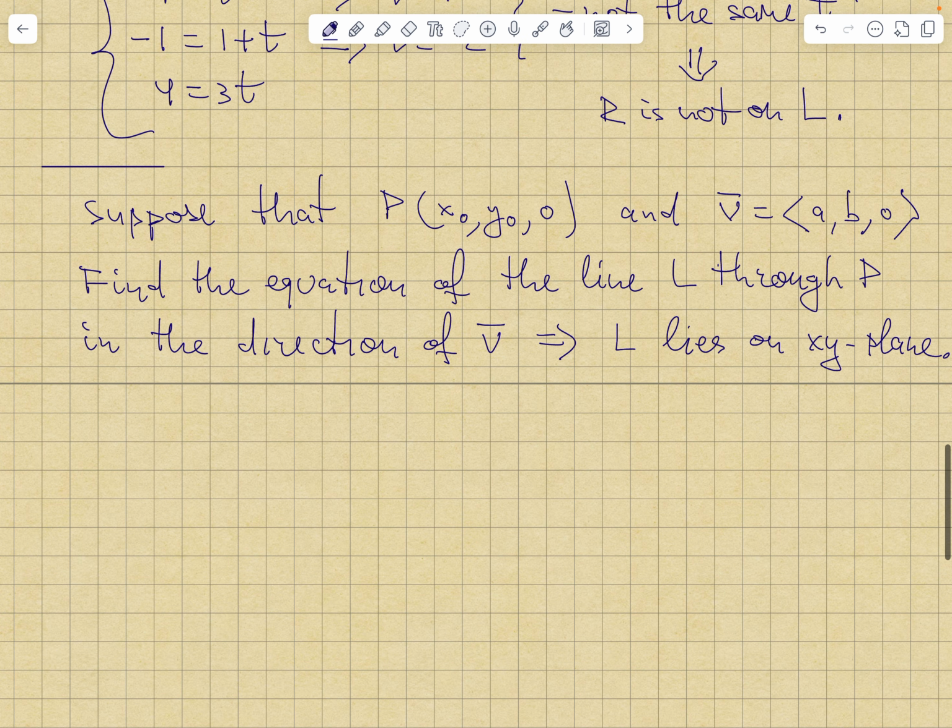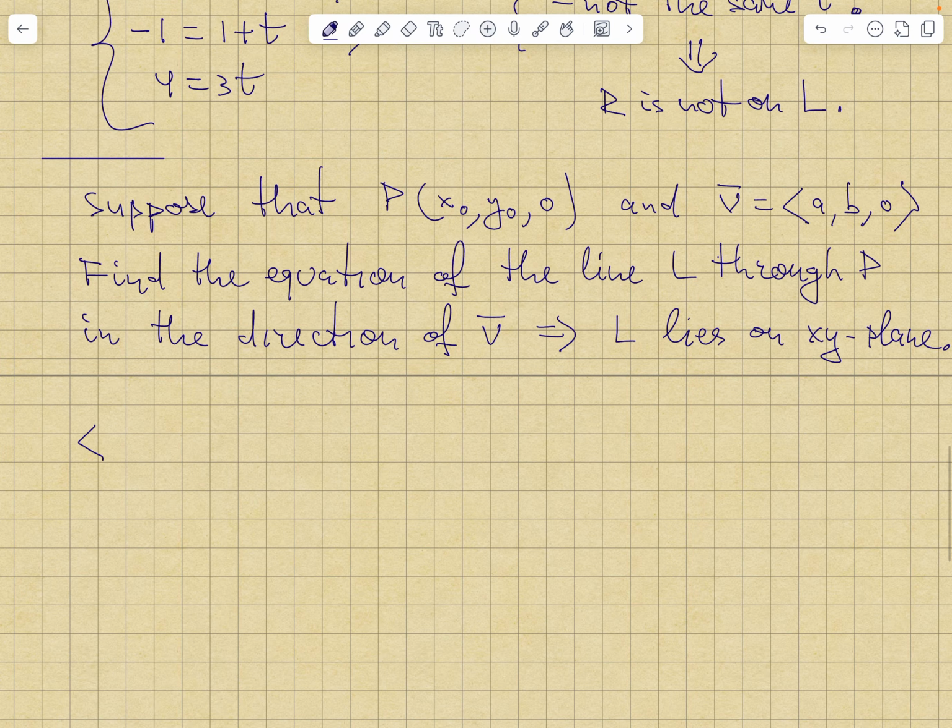Okay, so then my equation of a line is going to be x, y, z equal to x0, y0, 0 plus t times a, b, 0.